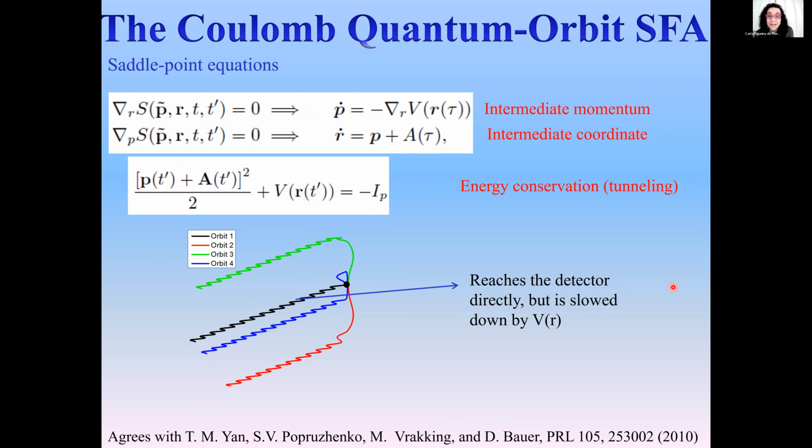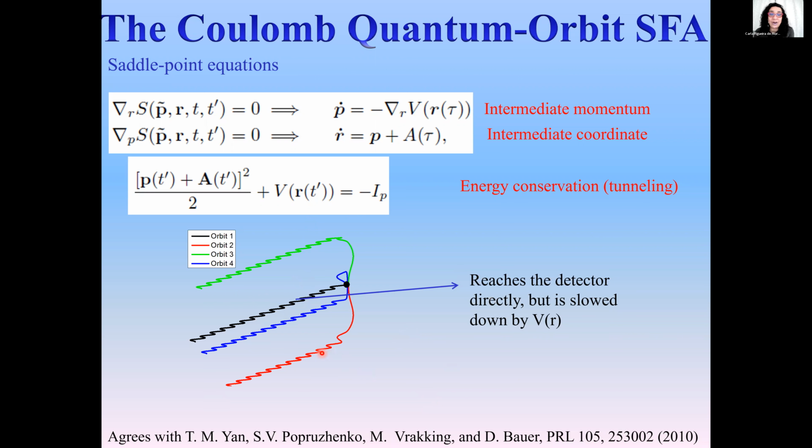So we found 4 types of orbits. These orbits have been identified before in this paper with Bauer, Yan, Popruzhenko, and Rakin, where they had the forward method. But we were lucky to find them in ours as well, in this boundary method that we used.